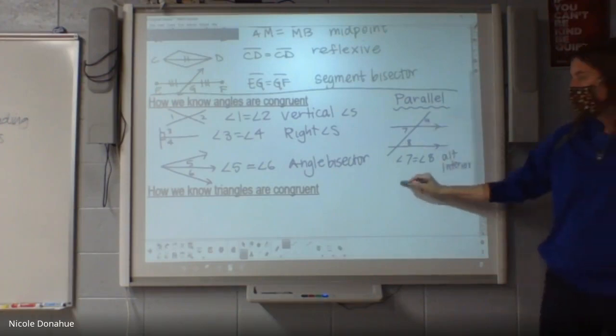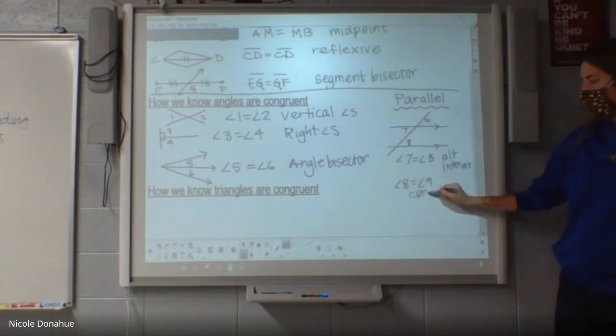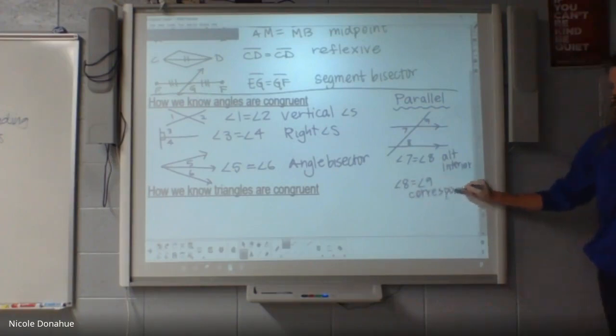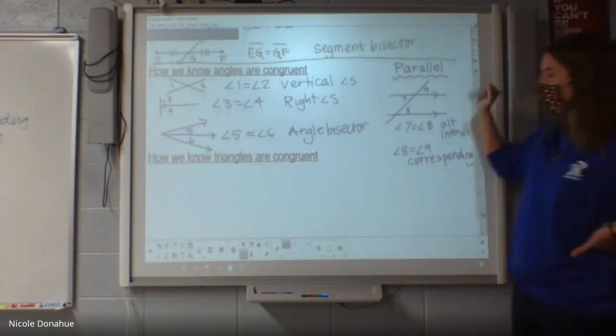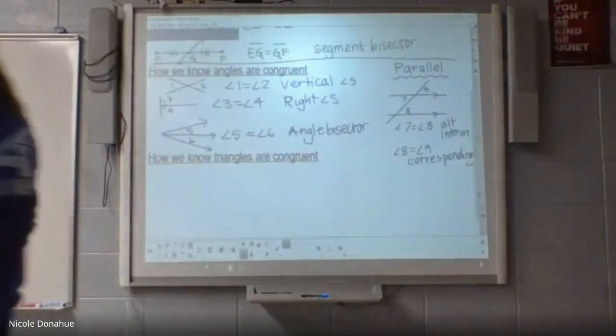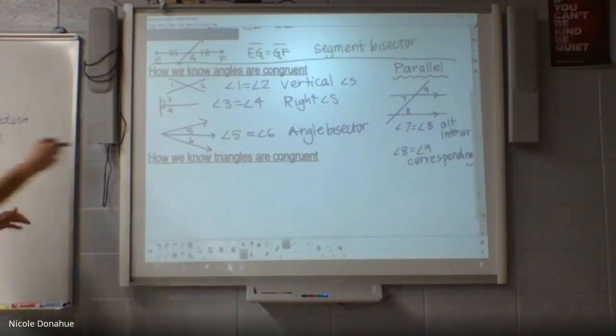Or I also have corresponding. So if you see parallel lines, you should watch out for those two. Sorry, there's probably not a ton of room for that. So those are ways we know angles are congruent.